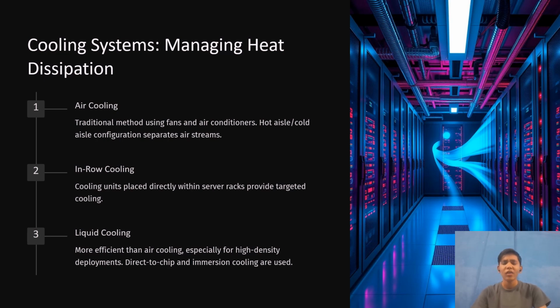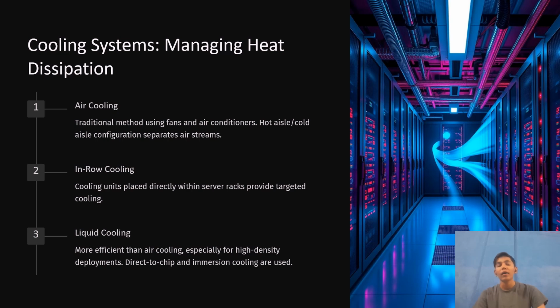So air cooling is a very old method, and in that we use fans for cooling the system. Second, mid-level, is in-row cooling. Cooling units placed directly within server racks provide targeted cooling. So it means the cooling units are placed directly next to the components and cool them directly.